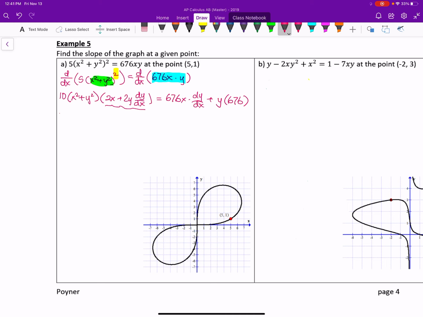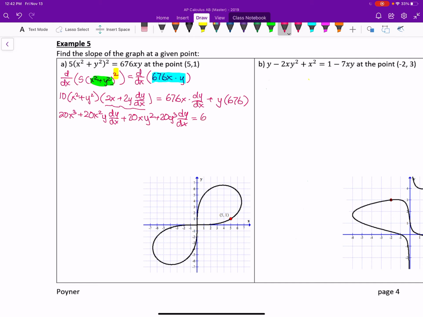So that's going to give me 20x cubed plus 20x squared y dy dx, plus, and then we're going to do 10 times y squared times 2x, so that's going to give me 20xy squared, and then 10 times y squared times 2y is going to give me 20y cubed dy dx in this particular case.